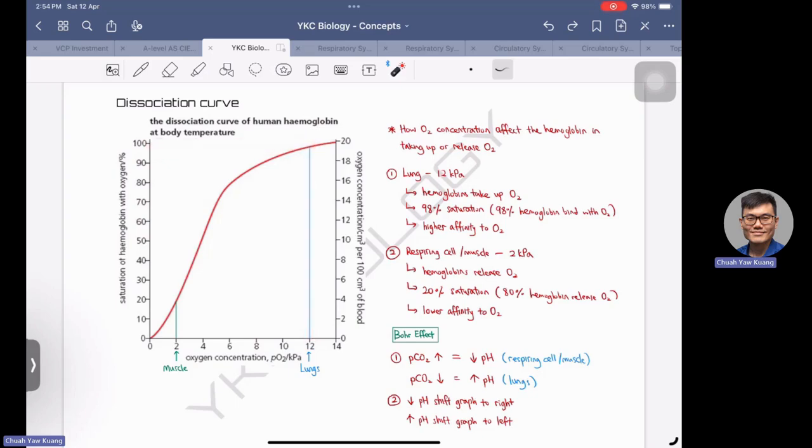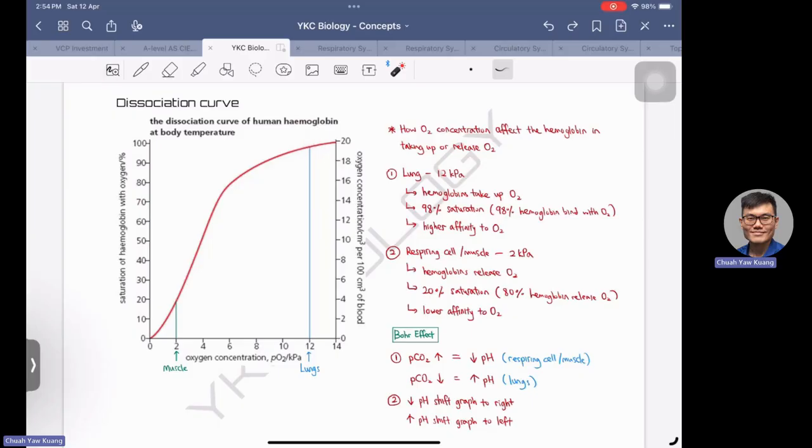So this means that when the red blood cell passes through the lungs, which has 12 kPa high PO2, the red blood cell will take up a lot of oxygen, reaching 98% saturation.